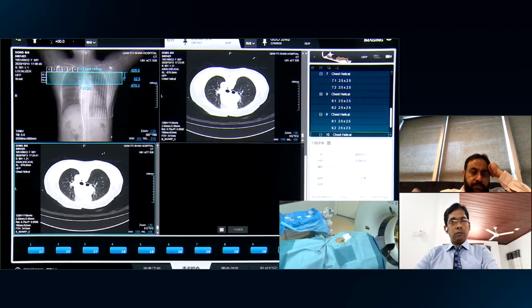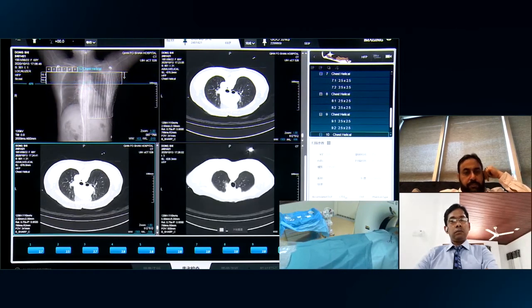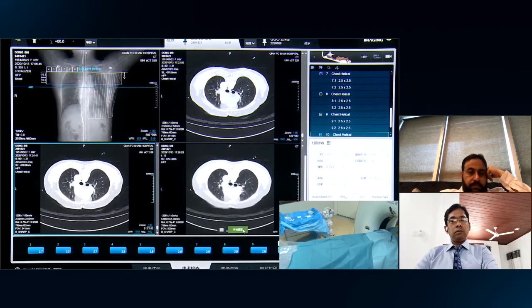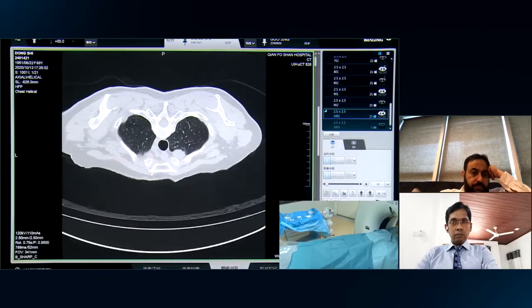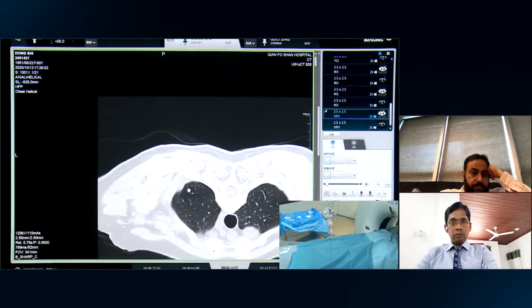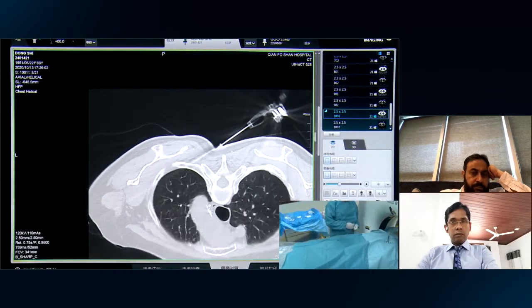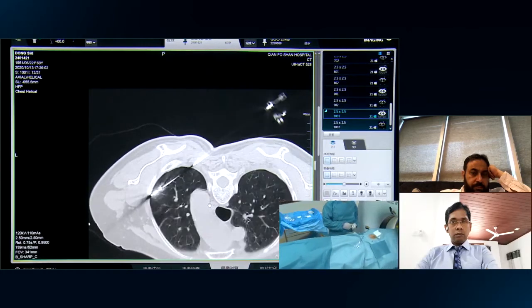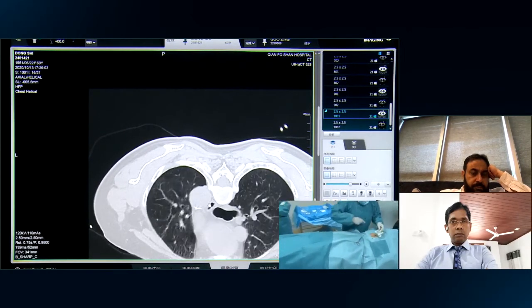Yeah. If we are concerned about the bleeding of the touched lesion, we can even ablate 1 minute prior to lung biopsy.